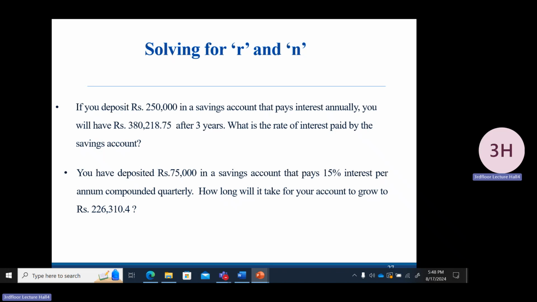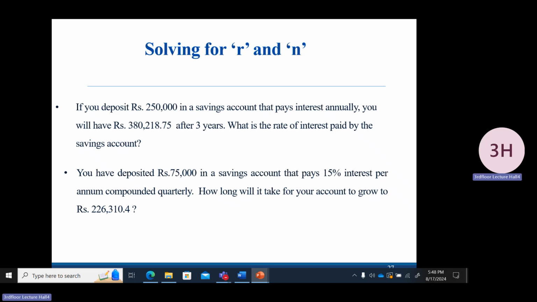So I am applying the future value formula. Future value equals present value into (1 plus r) to the power 8. Here the future value is 380,218.75, and this is 250,000 into (1 plus r) to the power 3.